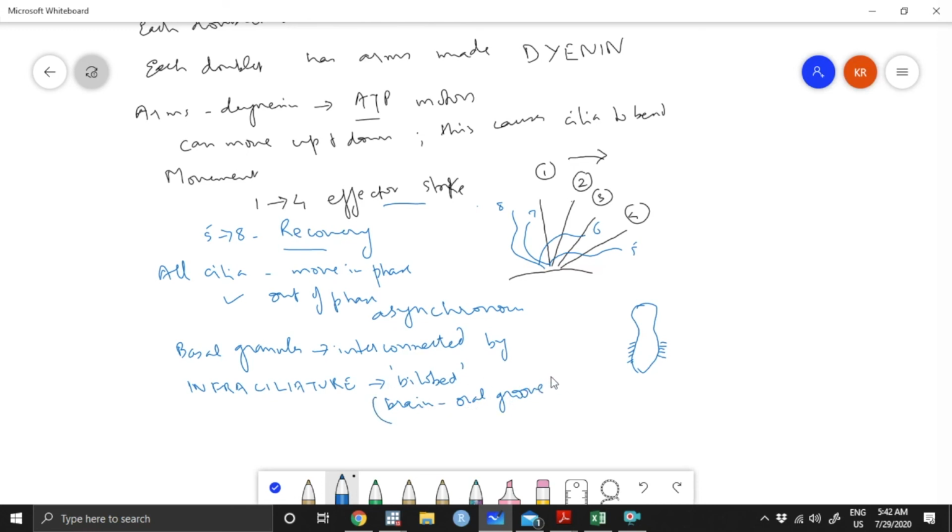But this is only speculation. There might be a structure like this which is similar to a brain. That word brain is just used because it happens to control the movement of cilia in paramecium.